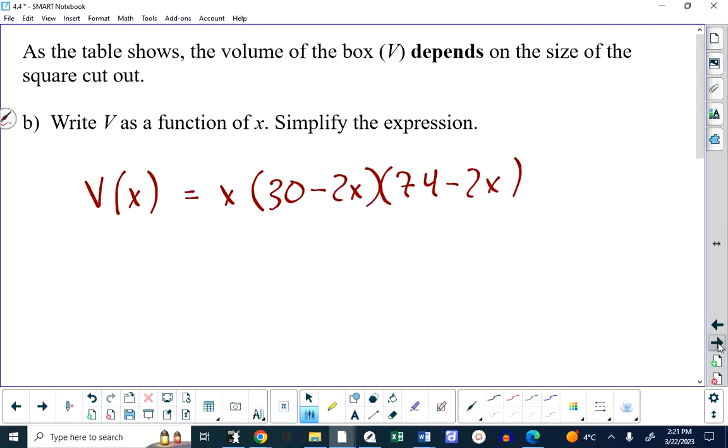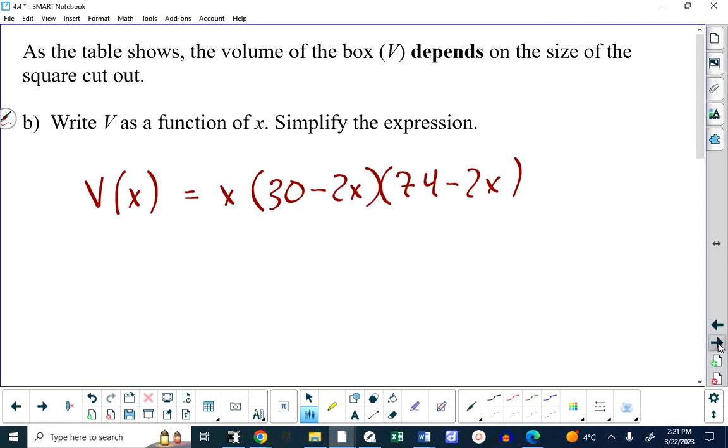We would have solved this by using a graphing calculator to find the maximum, because you had no way of finding the maximum of a cubic polynomial function last semester, but you do now.